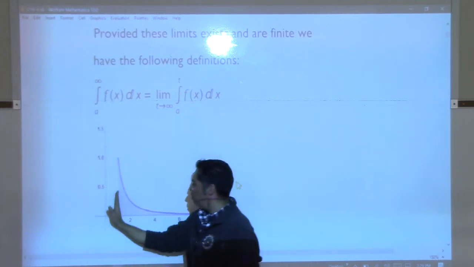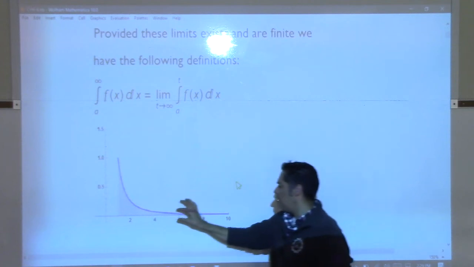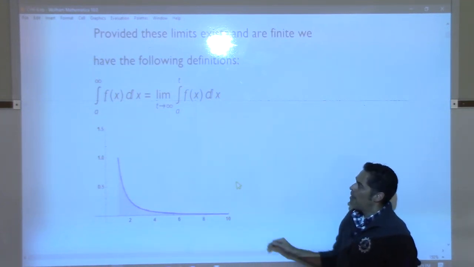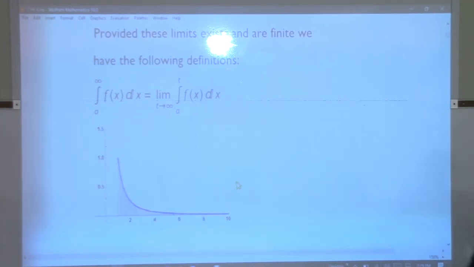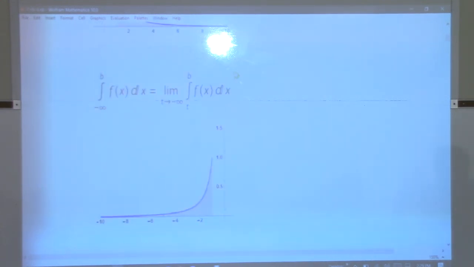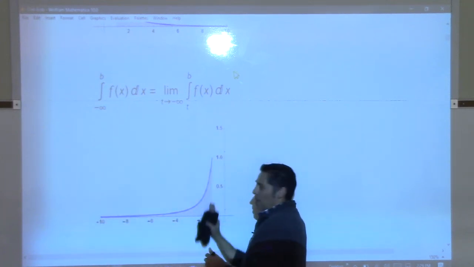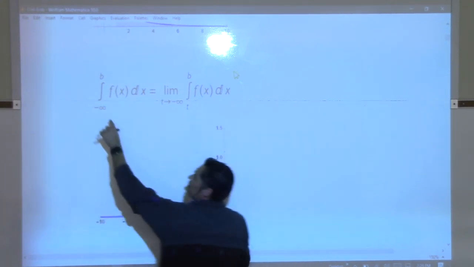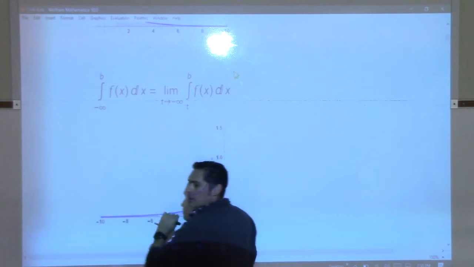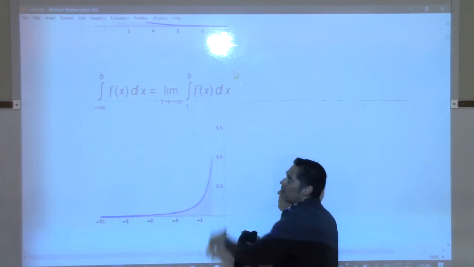On the left you have a nicely defined endpoint, but to the right, you never stop. Okay? And then you could have it the other way around, where going out this way you never stop, but you stop on the right. That would look like this, negative infinity to B. So instead of A to B, it's negative infinity up to B.